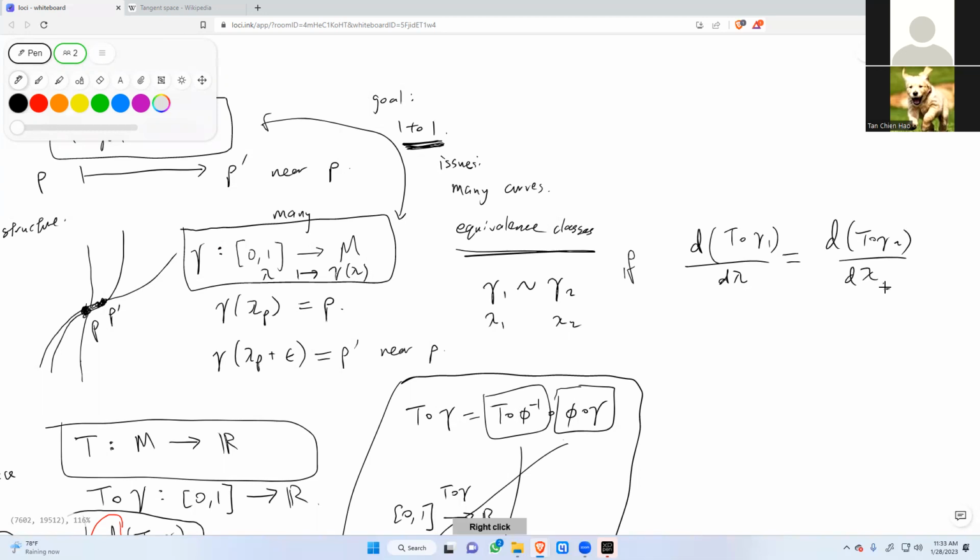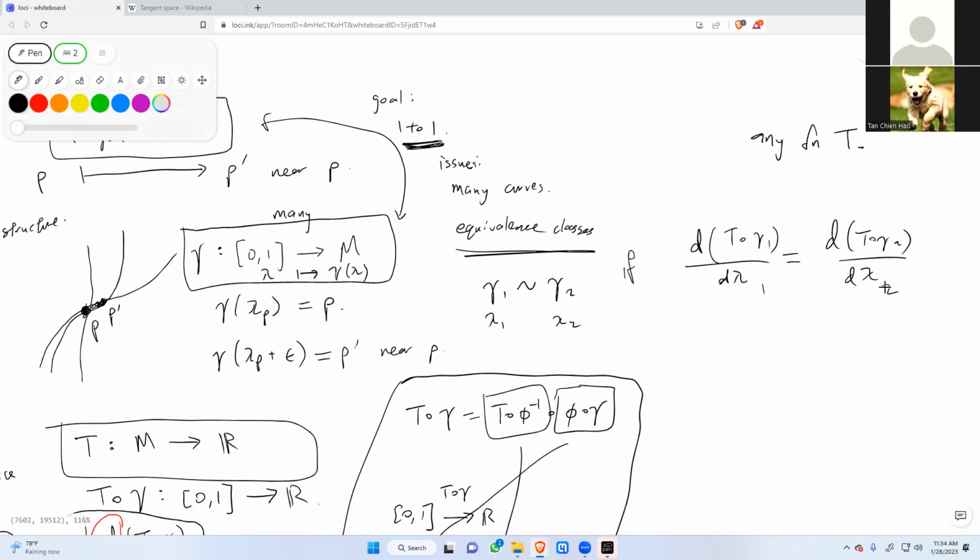Yeah, I think so. I mean, it has to be right because the two curves basically have the same directional derivative at the same points. I have a concern right now because I say for any function t, but what if they are equivalent for one function t but not for another function? No, they'll be equivalent for all.